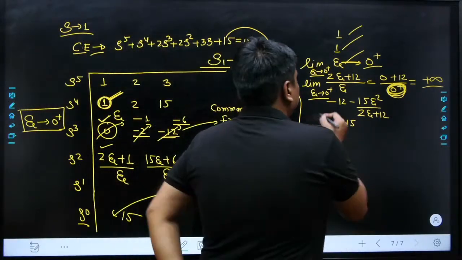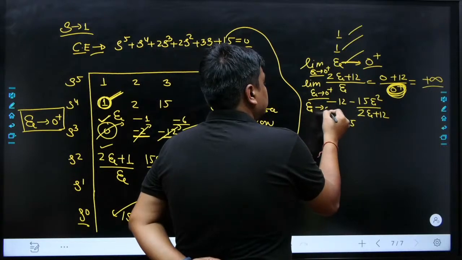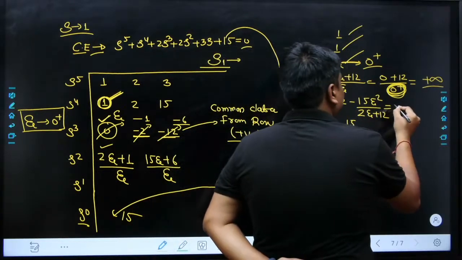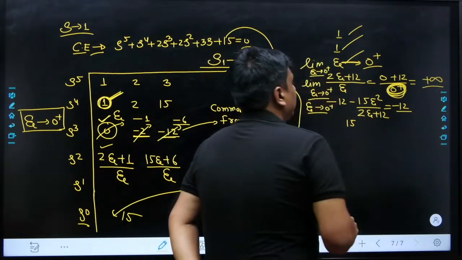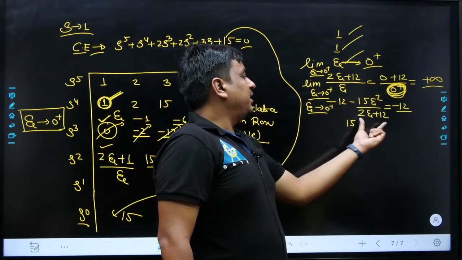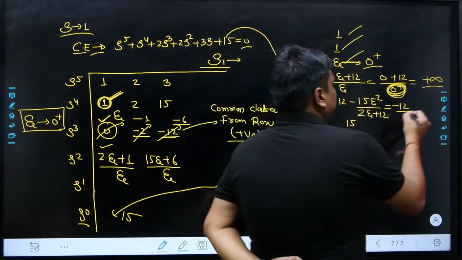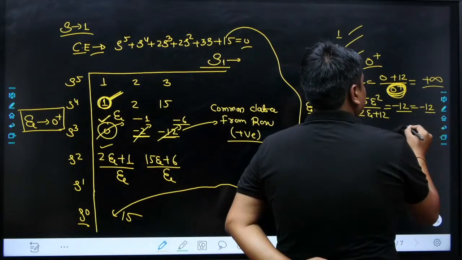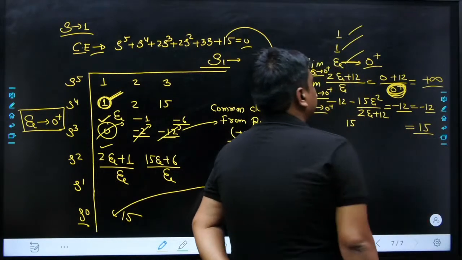What about this? Here also zeta tends to 0 plus. Here it goes minus 12. And here if 0 plus is kept out, here it's going to be 0, and here it becomes 12. Put together it's simply minus 12, and here comes 15.